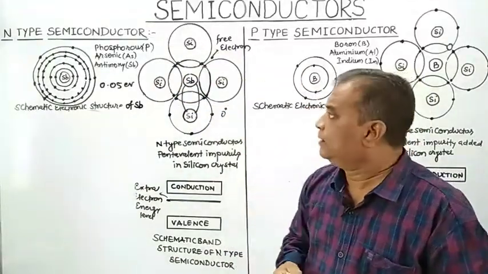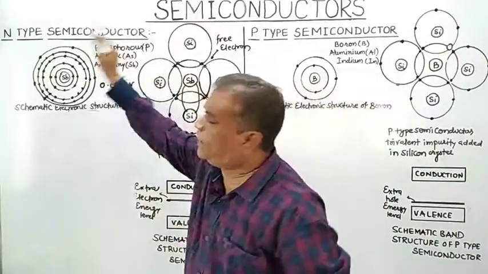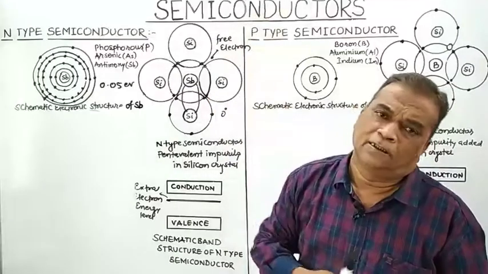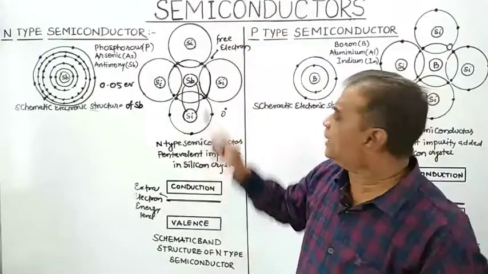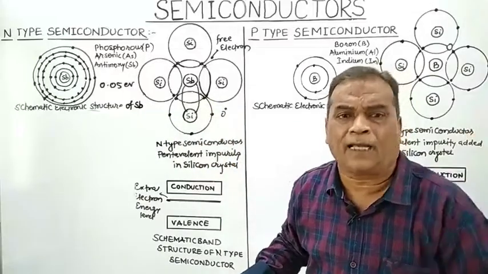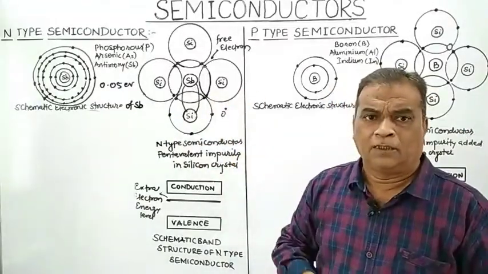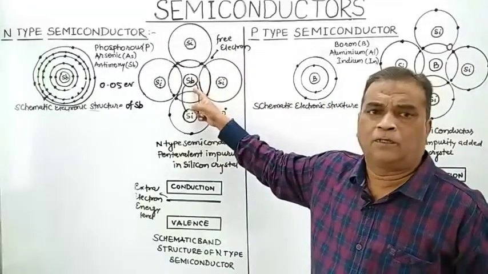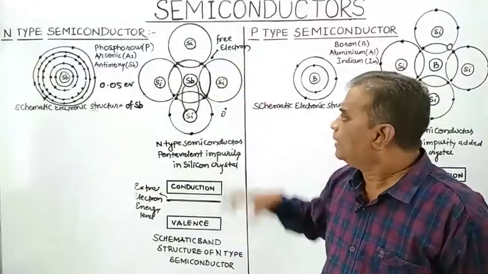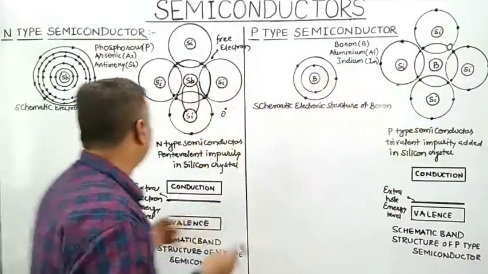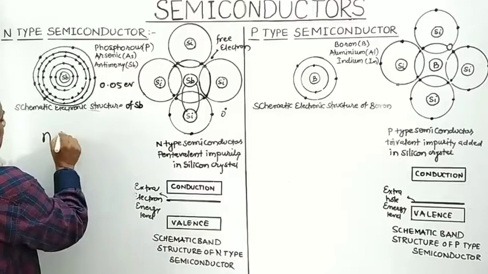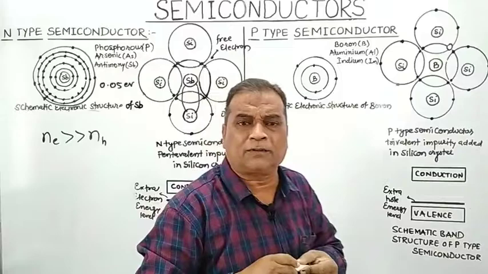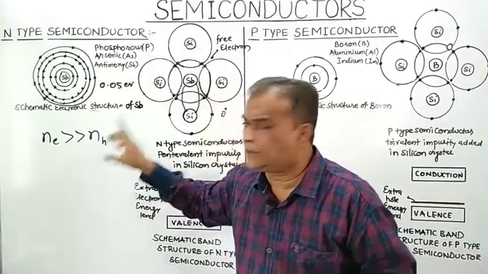Now during the construction of n-type semiconductor, the donor atom will donate a free electron and becomes a positively charged ion. As a donor atom donates or leaves the electron, hence it becomes a positively charged ion. In n-type semiconductor, the density of free electrons is much greater than the density of free holes.